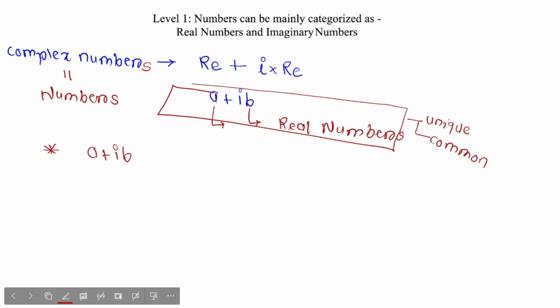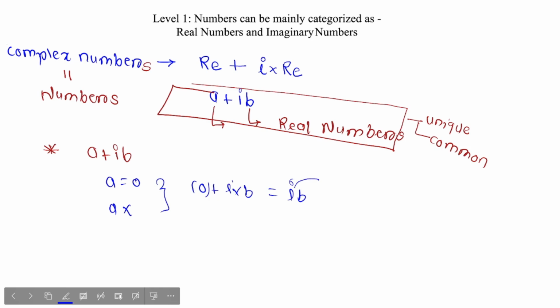If I consider a as a zero value every time, that is, a is equal to 0 or a does not exist, what does this expression give me? It gives me 0 plus ib, which is ib, as the result.